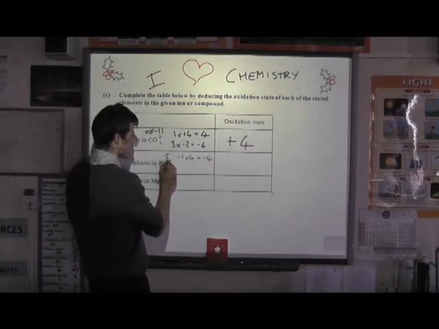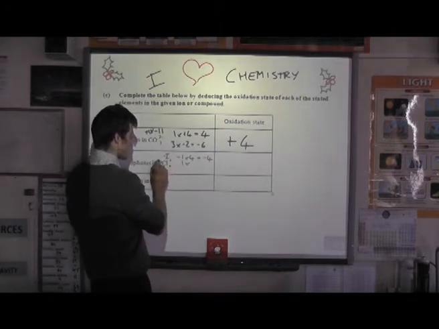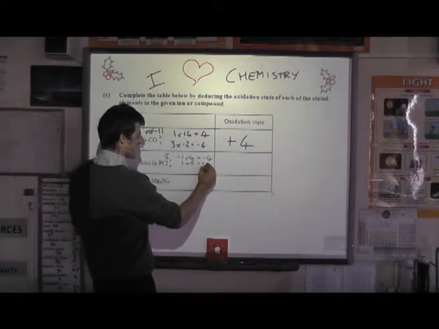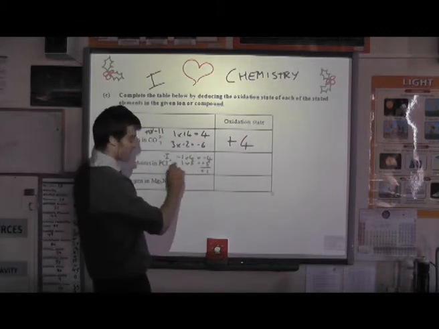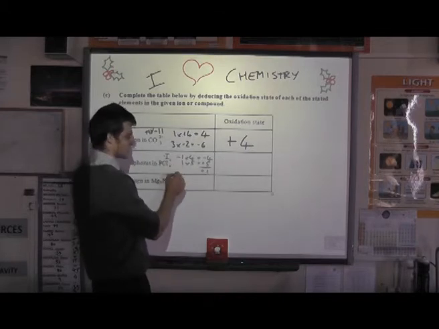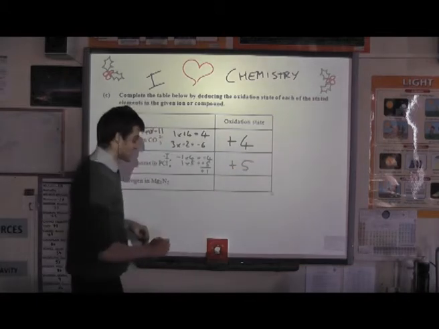We need to make the charge +1, so the phosphorus must be +5, and when we add them together that gives us +1. You need to make the phosphorus oxidation state +5 to make sure the overall oxidation state of everything equals the charge, which always will.